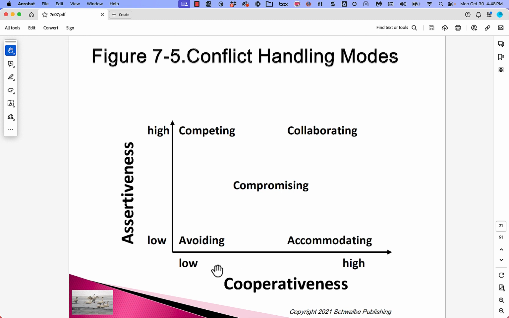So we want our team, our project manager and our team members to be tuned in to the right spot to get the results. Is everybody going to be tuned into the same spot? No, they're not. But the project manager should be thinking about these kinds of modes when thinking about how a conflict is going in the team.